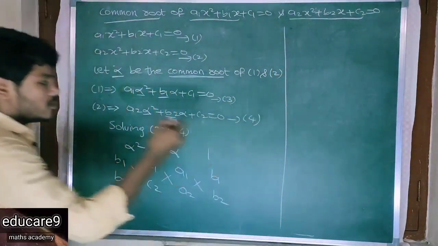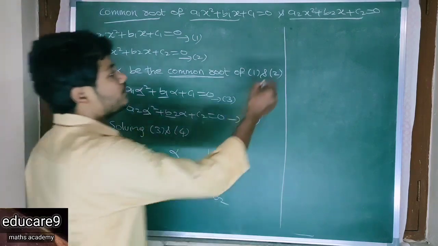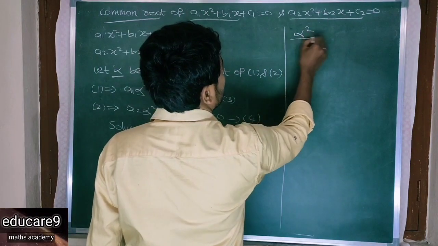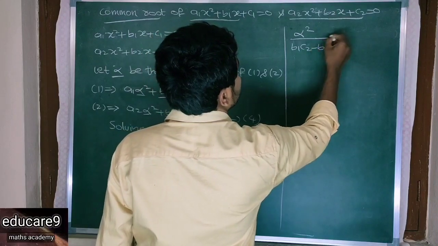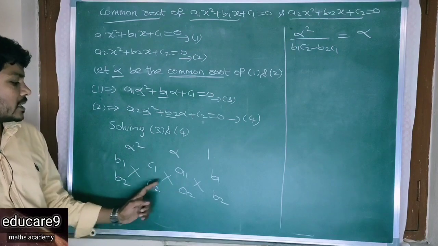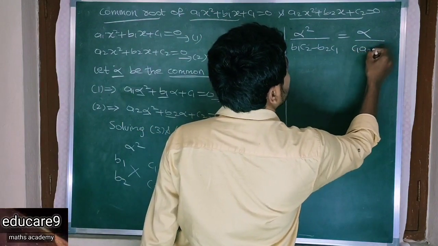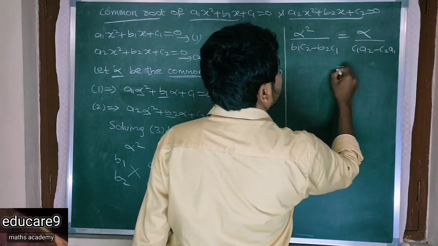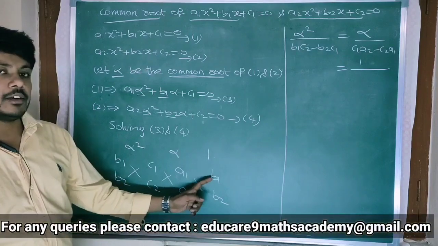See here, alpha square by b1 c2 minus b2 c1, and alpha by c1 a2 minus c2 a1, and constant by a1 b2 minus a2 b1.